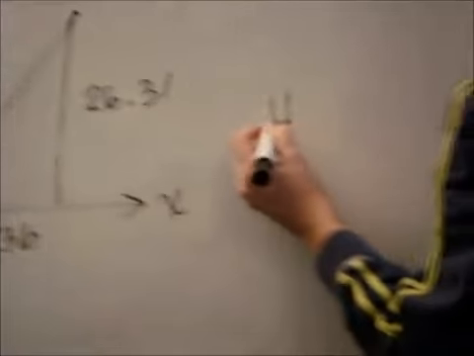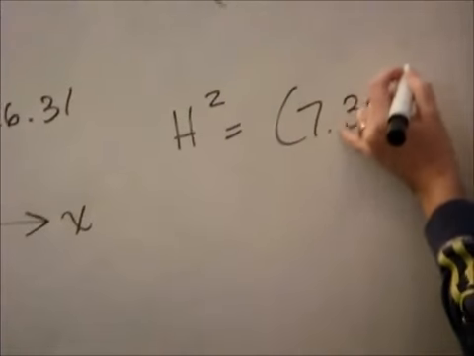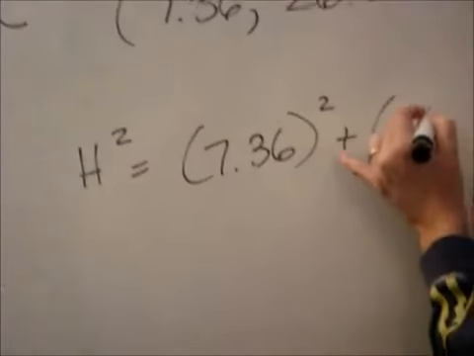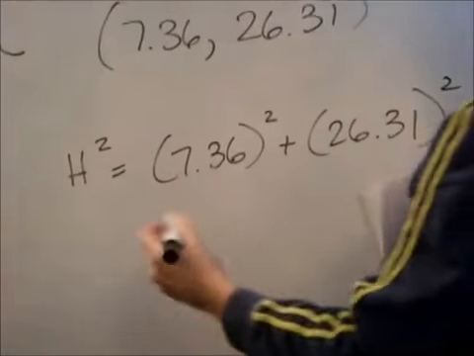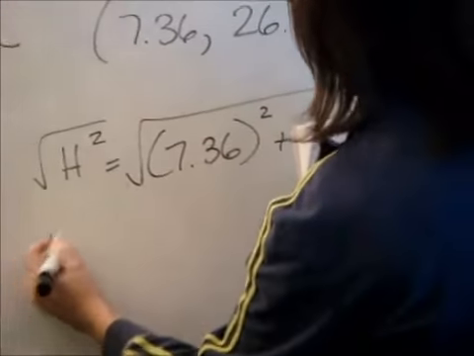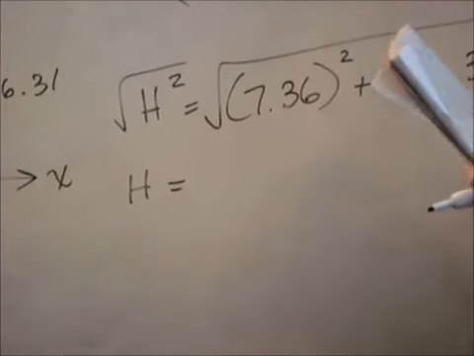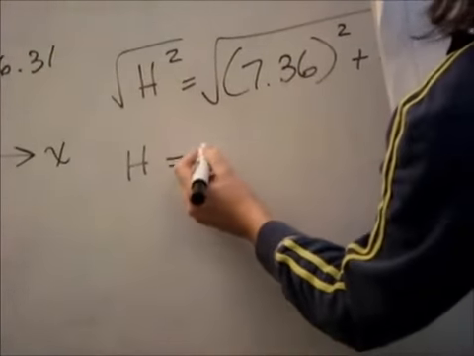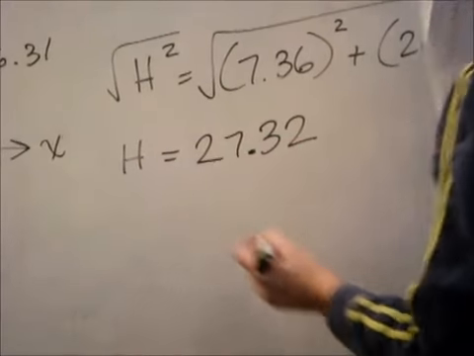So h squared equals 7.36 squared plus 26.31 squared. And then we would take the square root of both sides. You're simply going to use your calculator, and we're going to get our hypotenuse is 27.32. So that's our number.